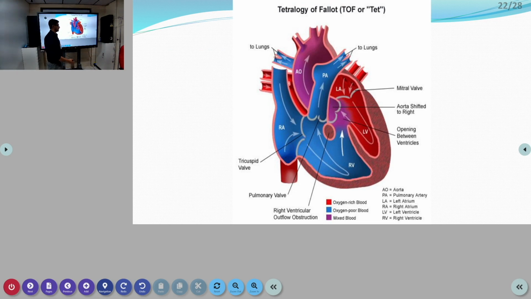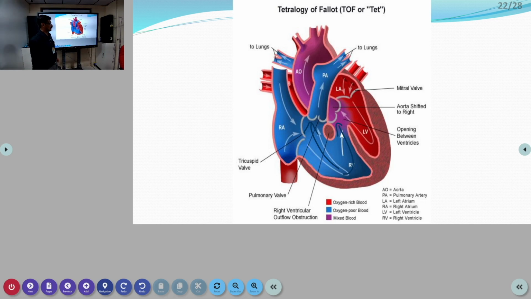Now, here you can see the problem in tetralogy of Fallot: the right ventricle not only pumps blood into the pulmonary artery, it also pumps blood into the systemic circulation, that is, into the aorta, and mixed blood goes into the aorta from the right ventricle and the left ventricle, a mixture of both oxygenated and deoxygenated blood, resulting in the cyanosis.